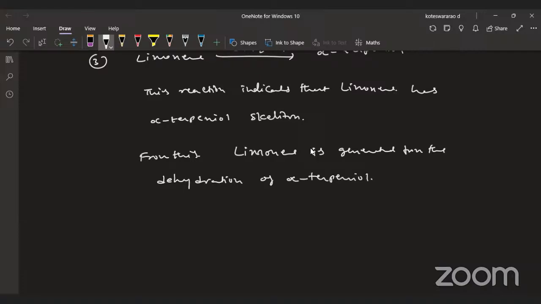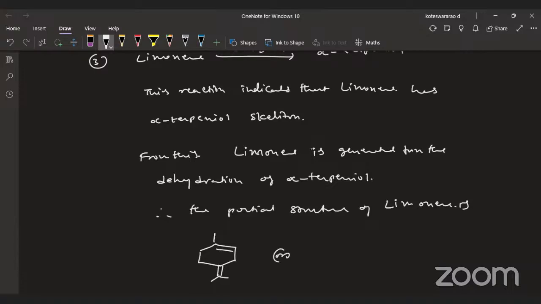Therefore, the partial structure of limonene is either structure A or structure B. These are the two possible structures.